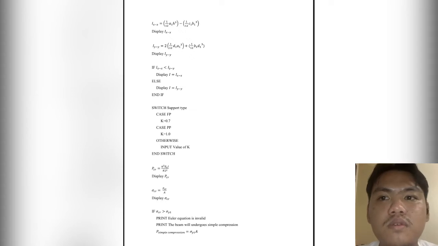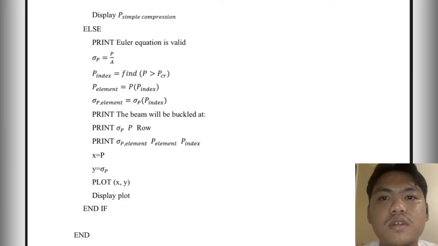Then input the value of K following the support type and calculate the critical load and stress. If critical stress is greater than yield stress, then the Euler equation is invalid, or if critical stress is lower than yield stress, then the Euler equation is valid, and plot the graph and end the pseudocode.